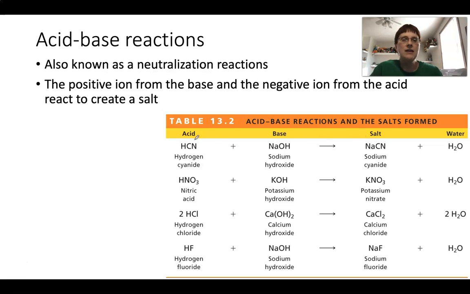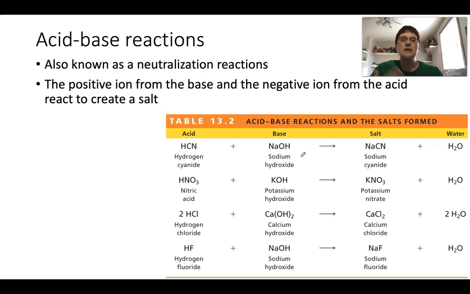Depending on the acid and the base that are reacting is going to determine what salt you make. And then the other thing they're going to make is water. Every single acid-base reaction is going to do this. You're going to get an acid and a base together.